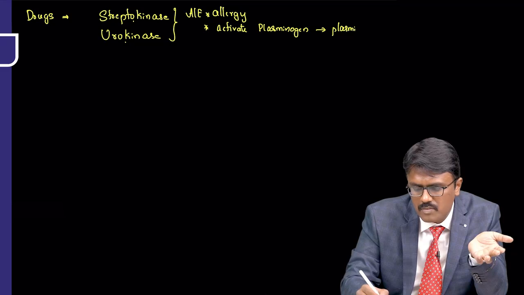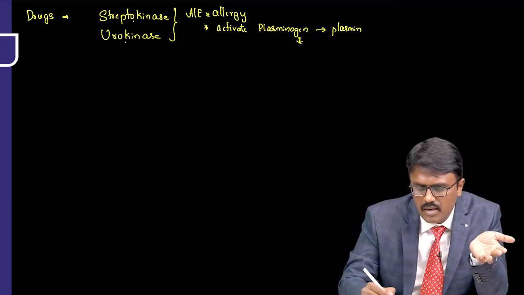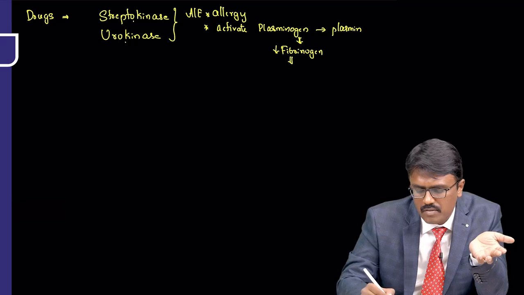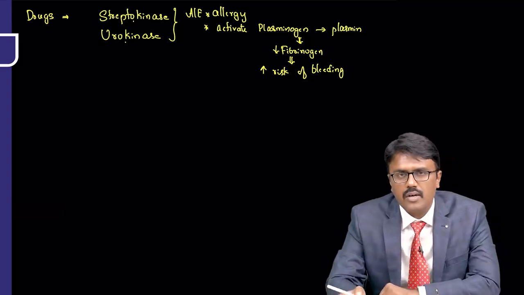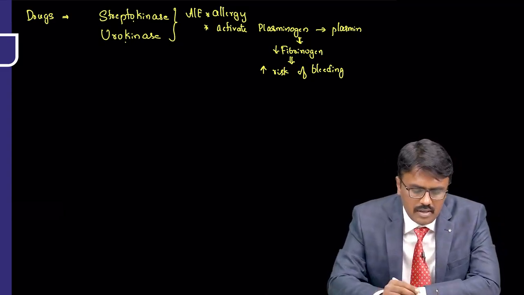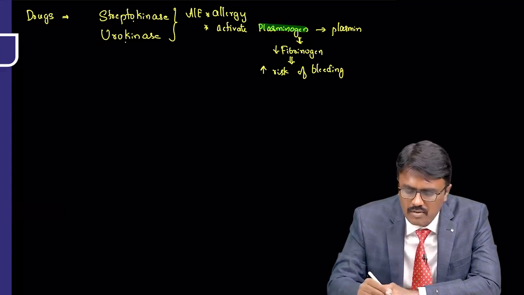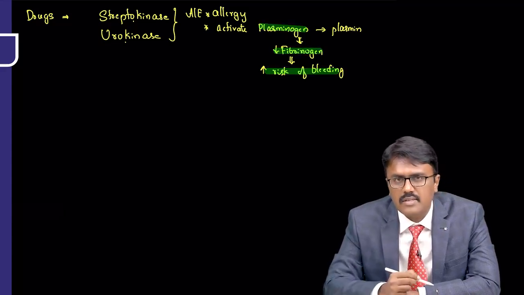So plasmin is increased, and that will decrease the fibrin. When the fibrinogen level decreases, there is an increased risk of bleeding. So the risk of bleeding is very, very high with streptokinase and urokinase. They activate plasminogen everywhere and deplete the fibrinogen, and the risk of bleeding increases.